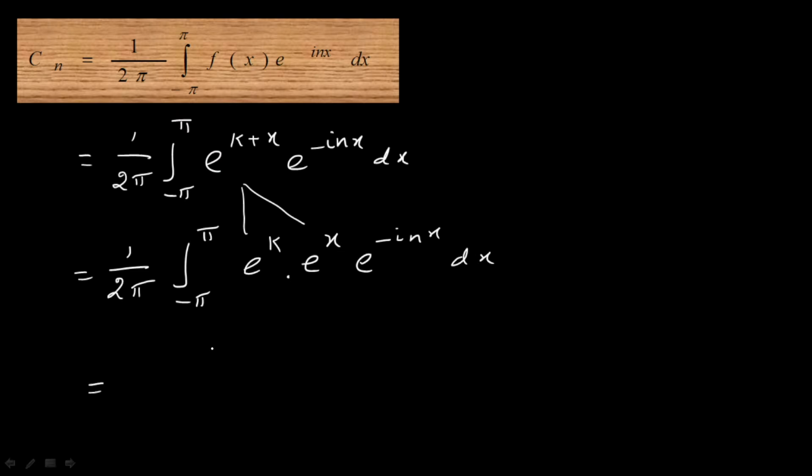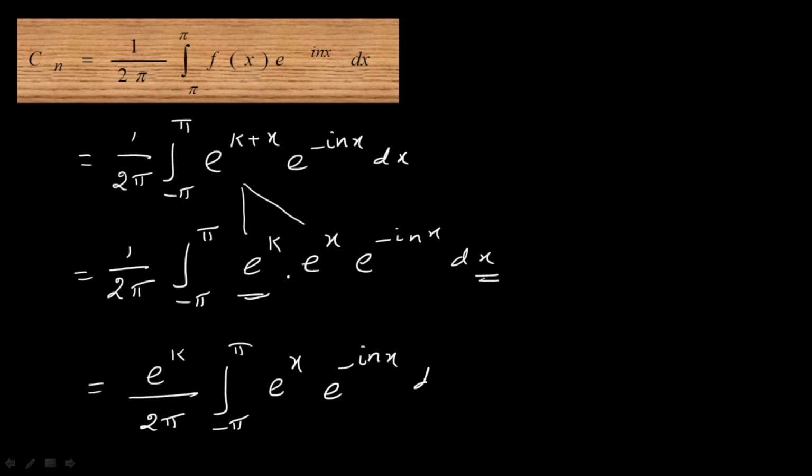So that is equal to, here the integrand is with respect to x, so e power k is a constant, so you take it outside of the integral. So e power k divided by 2 pi integral from minus pi to pi e power x e power minus i n x dx. So integrate this. Both of them are in exponential power and also have the common term x, so take it outside, so that it will be easy for us to integrate.